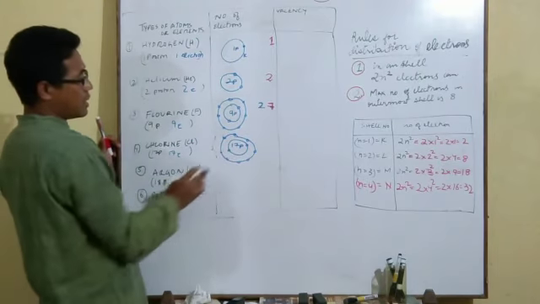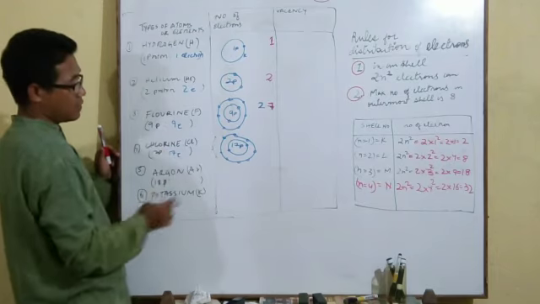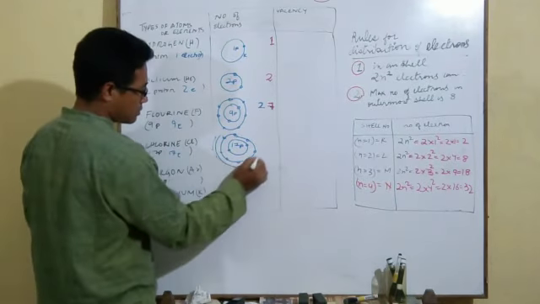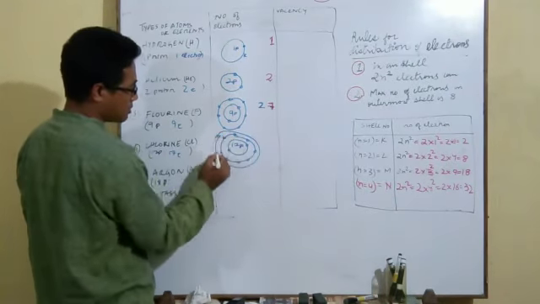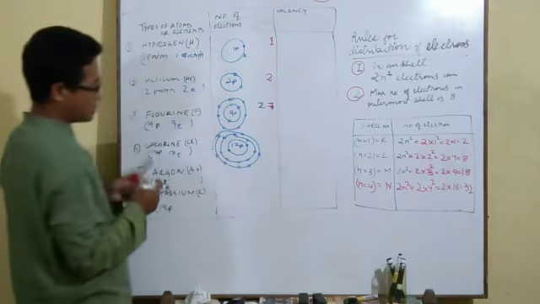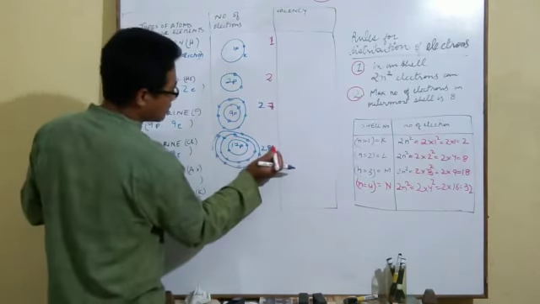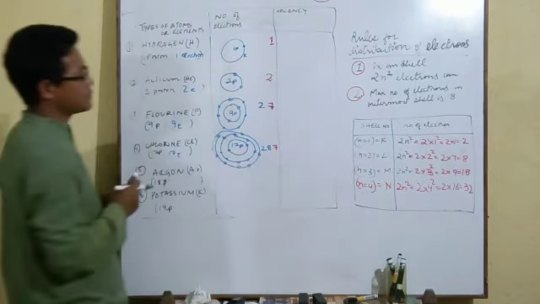So 2 plus 8 is 10. We need to put 7 more. So you draw another one, and then you put 7. 1, 2, 3, 4, 5, 6, 7. There you go. So we have 2, 8, and 7.